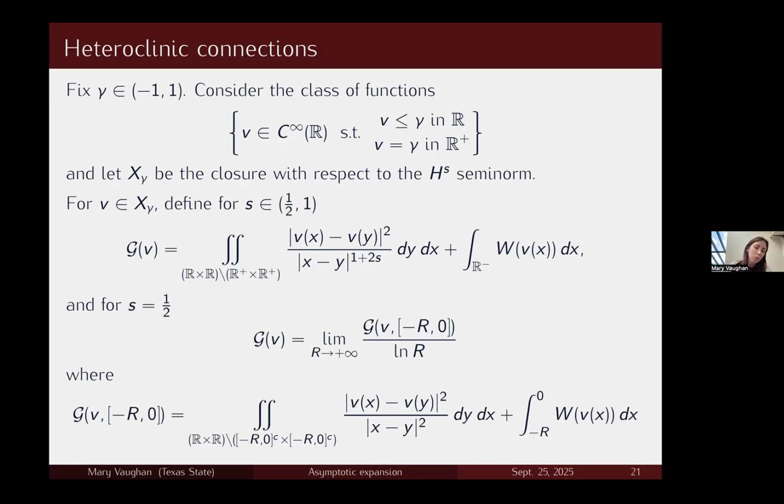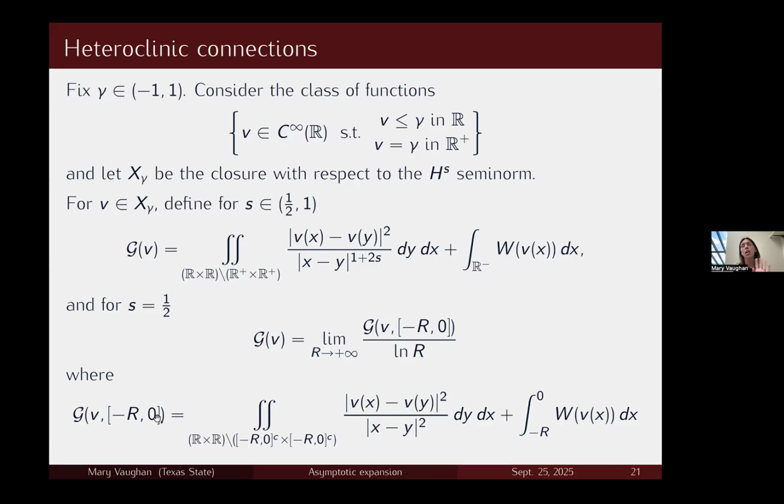For s equals a half, we have to be a bit more careful because this energy doesn't converge in the case s equals a half. So we have to renormalize. What we do in the context of our problem is look at an energy where, instead of thinking of your domain as R minus, we think of our domain as an interval (-R, 0).